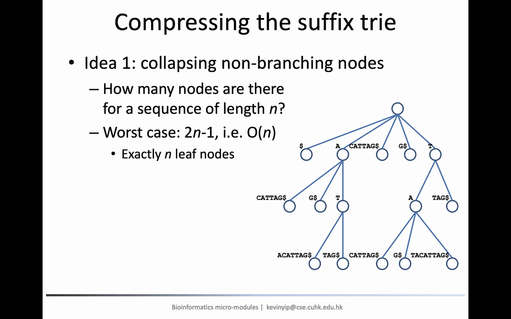How many internal nodes are there in the tree after the merging step? The answer is no more than n-1. We can understand this by considering the n leaf nodes as n disjoint components, and we want to use the internal nodes to ultimately join them to form one single connected component.